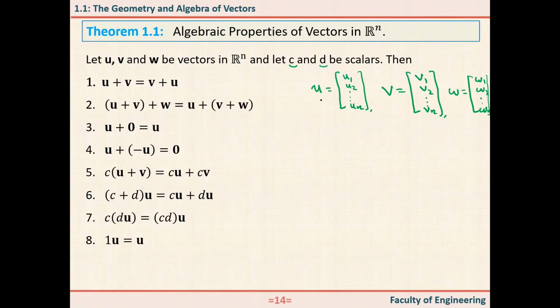If you just write u plus v, what is u plus v? It is component-wise. By the definition, vector u is u1, u2, dot, dot, dot, un, plus v, which is v1, v2, dot, dot, dot, vn.